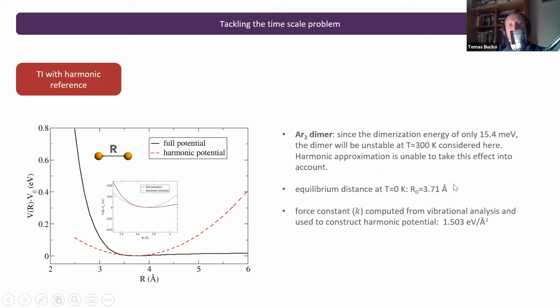Clearly, the harmonic approximation is unable to take this instability into account. Look at the comparison of the full potential, the black line, with the harmonic potential here. You see that the harmonic potential works reasonably well only in a narrow region around the minimum. For larger distances, it increases too steeply, and for shorter distances, it actually increases too weakly, right?